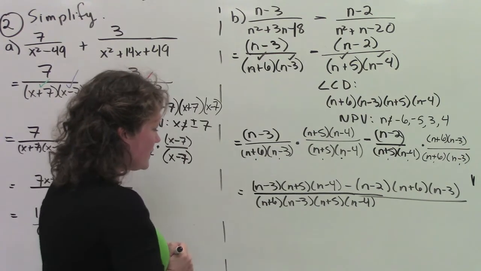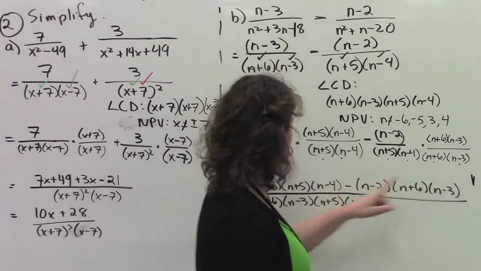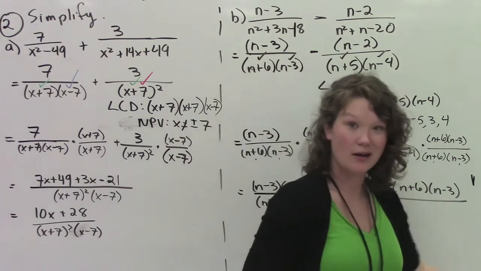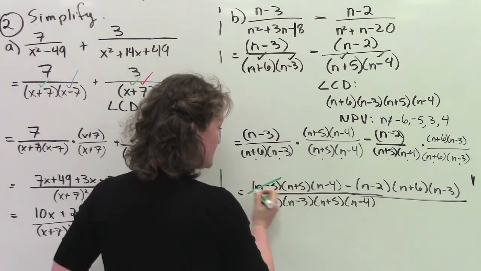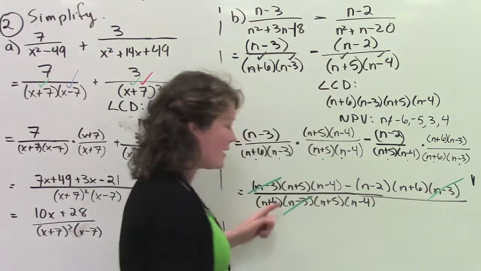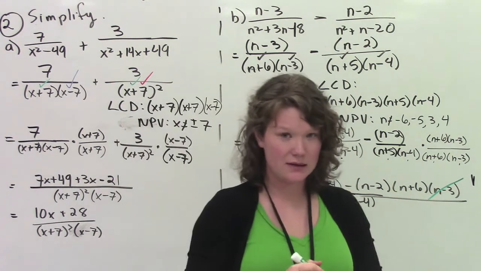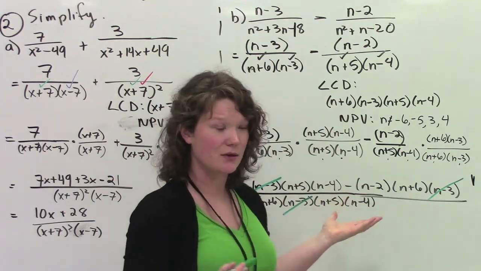Alright, we're noticing that in all three terms we have this n minus 3. So what I want to do actually is cancel it right now. This cancels with this and cancels with this. And I know what some of you are going to say. You're going to say, like, Mrs. Woodyard, I thought that since there were pluses and minuses we couldn't do that.